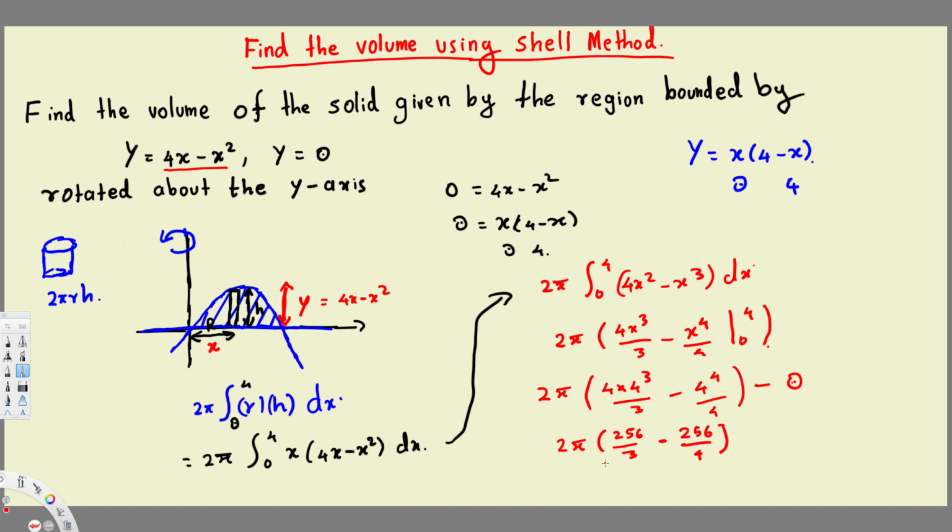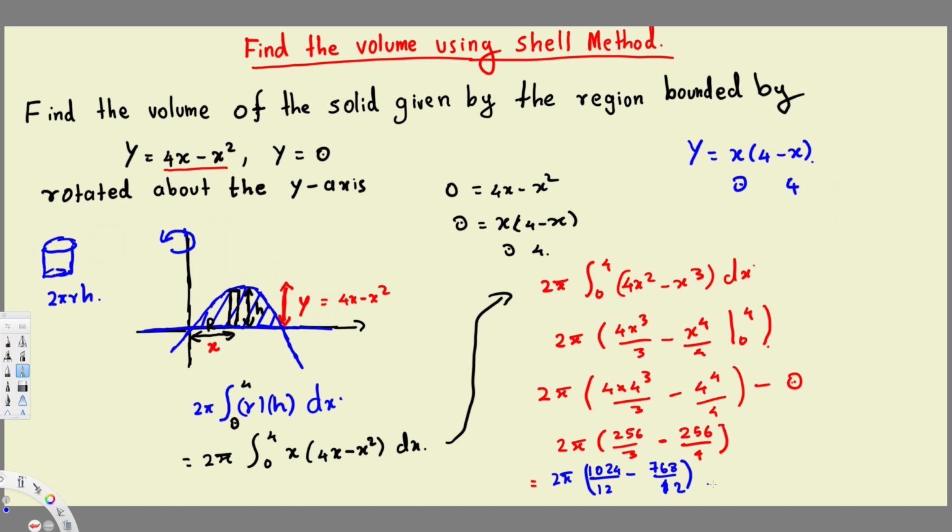So this is going to be multiplied by 4, which gives 1024, and this is going to be multiplied by 3, which gives 768, over 12.